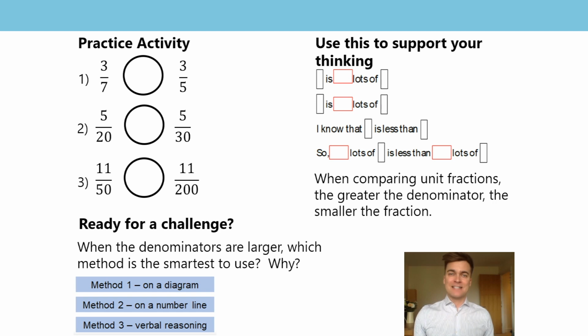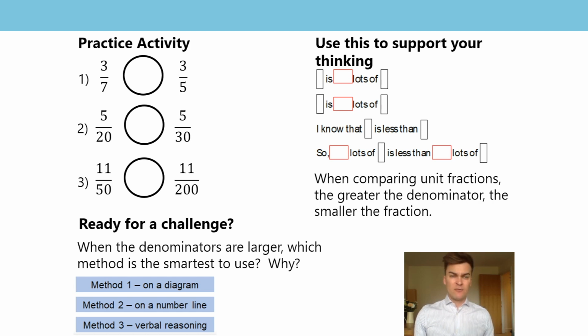For your practice activity to have a go at before the next lesson, I've given you 3 statements to compare and to fill in the missing inequality symbols. The challenge needs you to think, when the denominators are larger, which method is the smartest to use to help you to compare the fractions and why? So we've used diagrams, number lines, verbal reasoning.